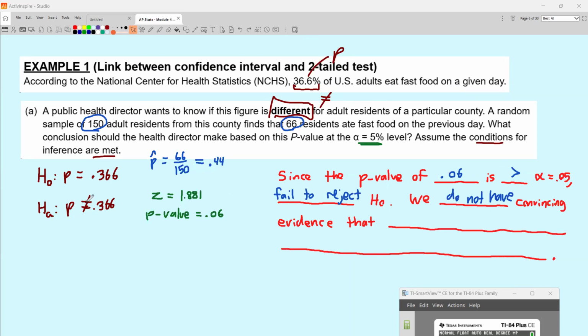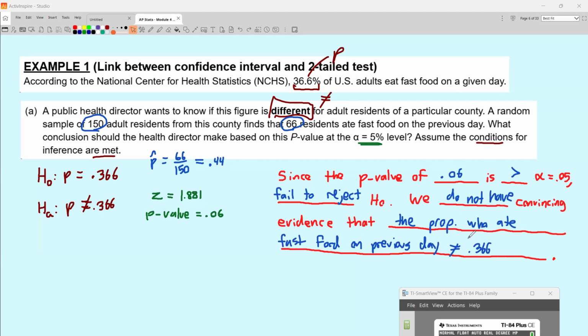So we do not have convincing evidence that the proportion is not 0.366. So we do not have convincing evidence that the proportion who ate fast food on the previous day is not equal to 0.366.